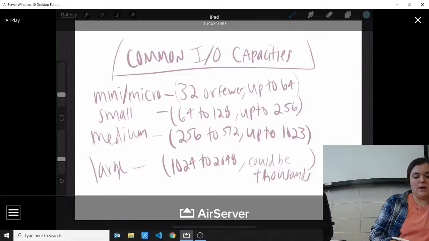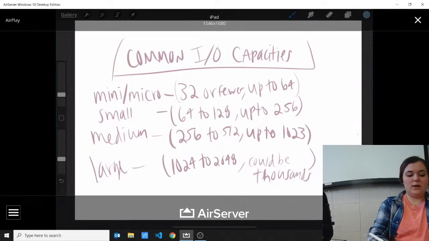So all depending on the application you needed that PLC to perform is what you would spend money on. If you just needed a mini micro, you didn't need that many bits in there, then you wouldn't have to waste your money on buying a large. But large would be mainly used in industrial applications, like what we was talking about, in a plant or somewhere like that. That's where you would use a large one.